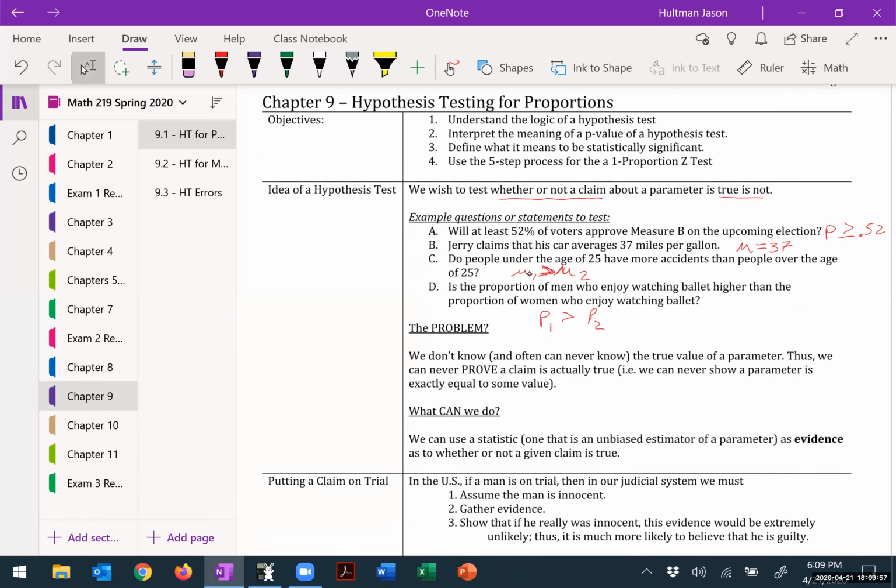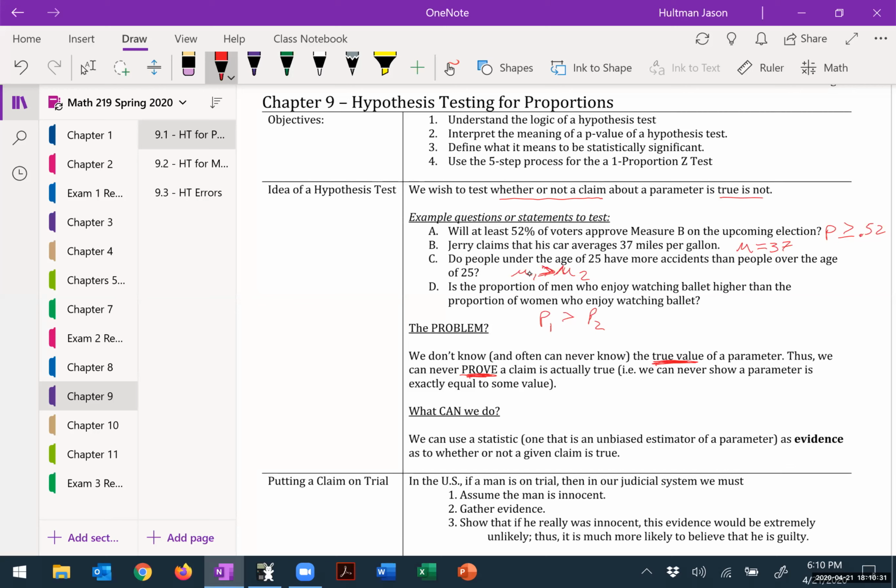The problem is we don't know, and often can never know, the true value of the parameter. We don't know what P, mu, mu1, mu2 are. We often just have a sample. Thus we can't prove a claim actually true. What we can do is show the parameter is either close or far away from our statistics.